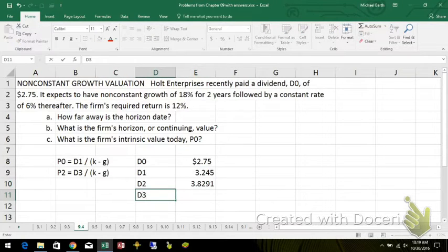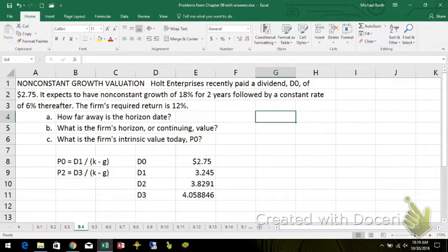When we get to D3, after the end of the second year, that's when the constant growth starts. So D3 would be D2 times 1 plus the constant growth rate of 6%, and it'll grow at 6% thereafter. All right, so how far away is the horizon date? End of year 2. What's the firm's horizon value?